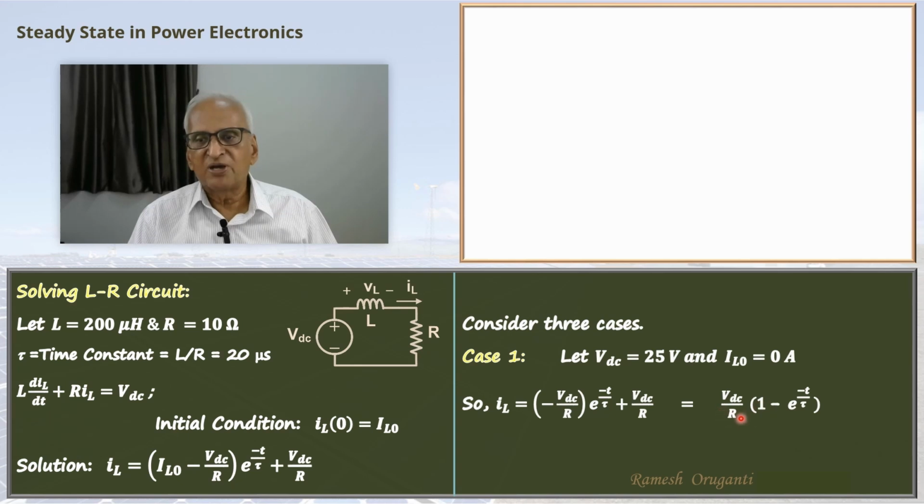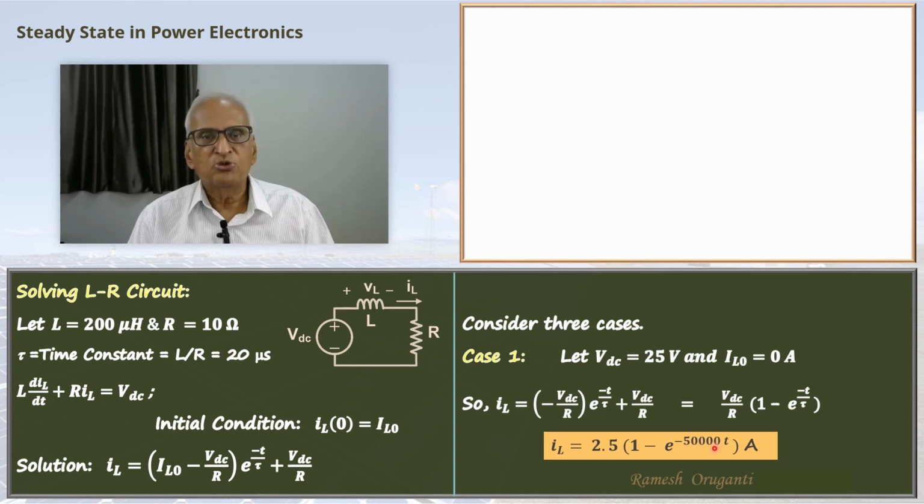So VDC/R times (1 minus e to the power of minus t/tau). Now we can substitute the values for VDC, R and tau. You will get the solution IL for this particular case: 2.5 times (1 minus e to the power of minus 50,000 t) amperes. 50,000 is 1/tau.